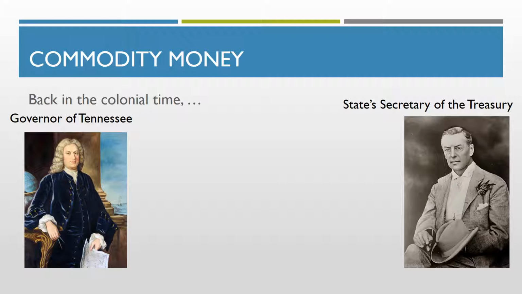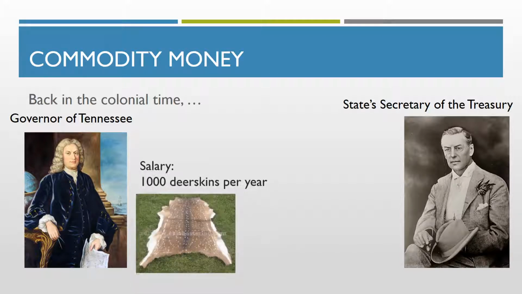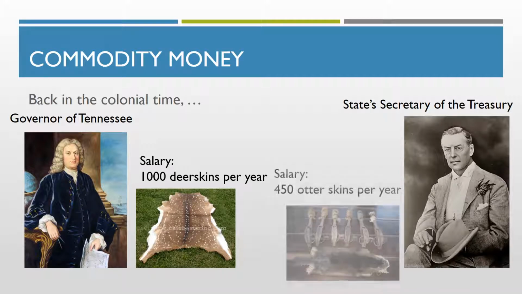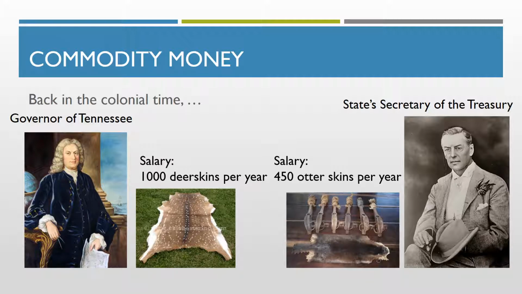Back in colonial times, the governor of Tennessee accepted 100 deerskins per year as a salary, whereas the state's secretary of the treasury accepted 450 otterskins per year as a salary.